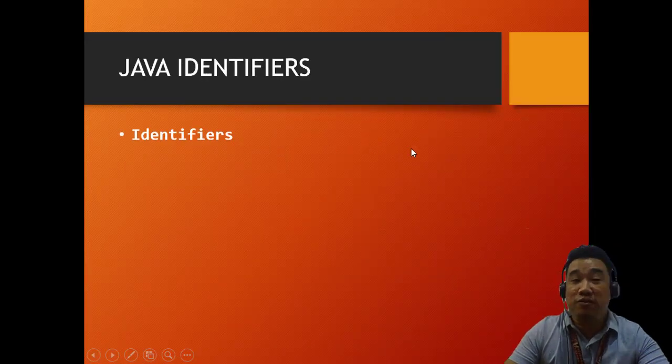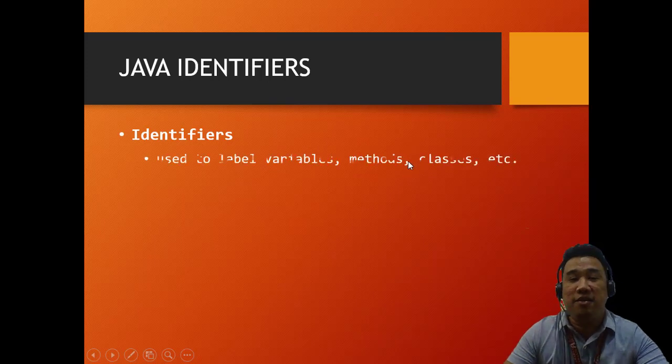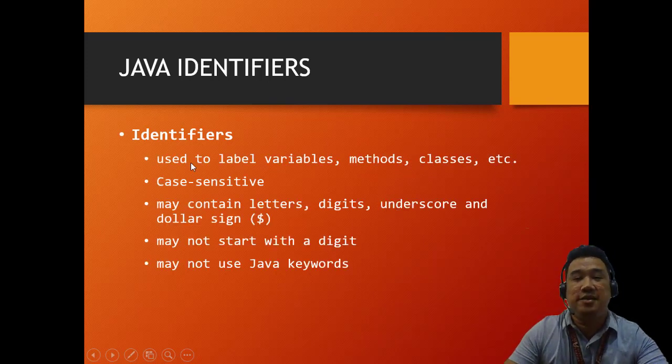Now, let's review our identifiers. Although I already explained them in our last video, what are identifiers? Identifiers are used to label variables, methods, classes, and so on. Take note, guys, Java is case sensitive.